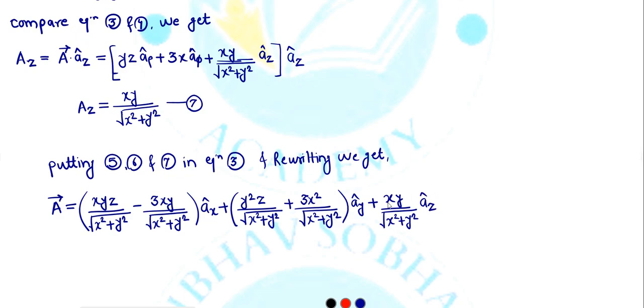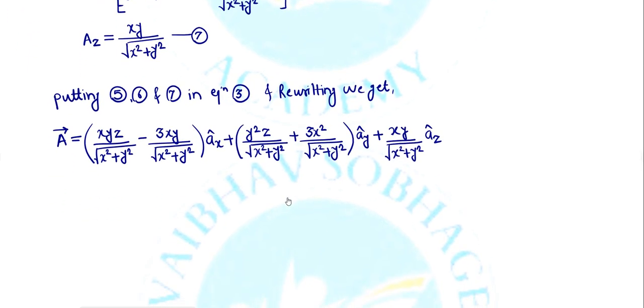Okay, so we have that vector A completely expressed in terms of x, y, z. We have expressed that vector A in terms of the Cartesian system. And again, for simplification, in order to make it look nice, we are going to separate out the square root of x square plus y square.